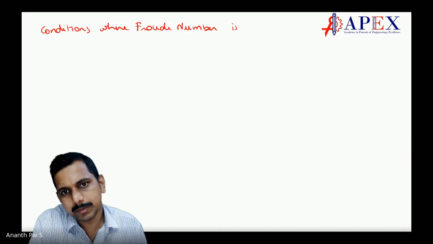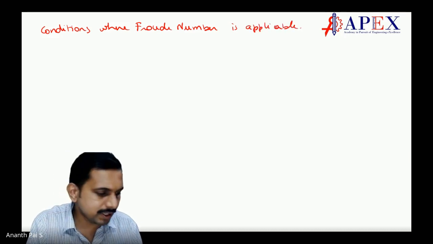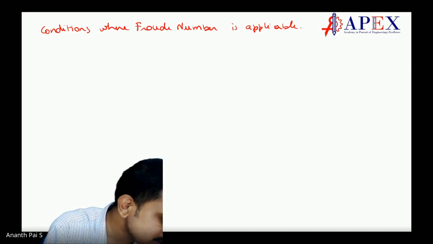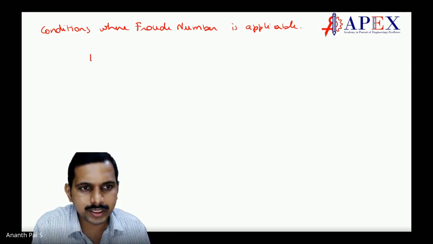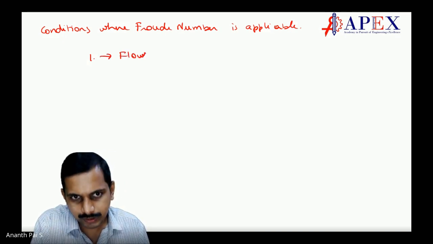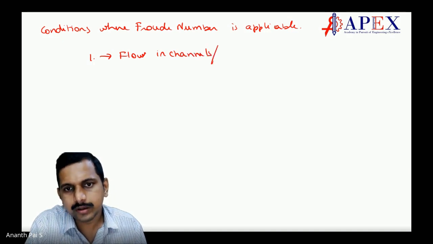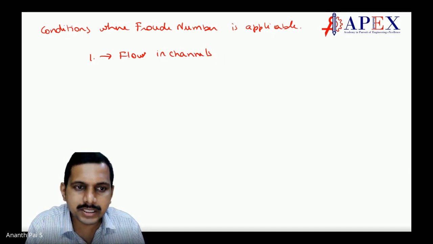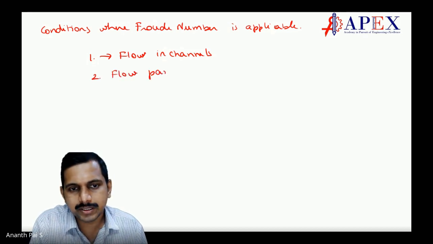Wherever gravity comes, these kind of things will be used. For example, the first one is flow in channels, obviously. The second one is flow past weirs.